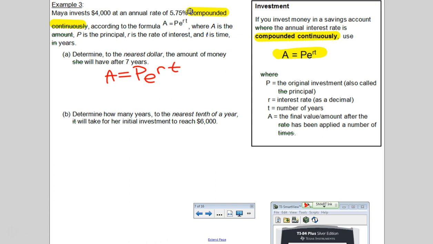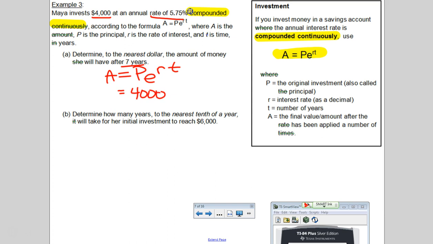E is the actual number E, that 2-point number, the one that's like pi. So that's not a variable. So we have the original amount is 40,000, or sorry, 4,000. That's the rate, 5.75, and the time is 7 years. Okay, 4,000. The original is always that spot.